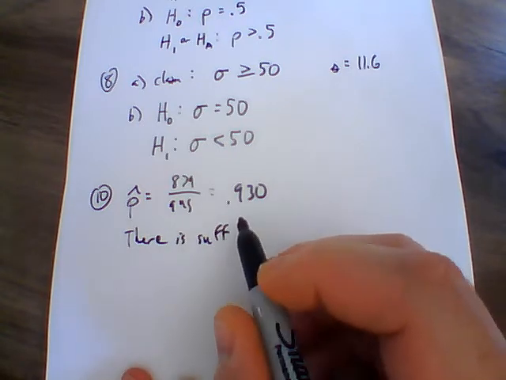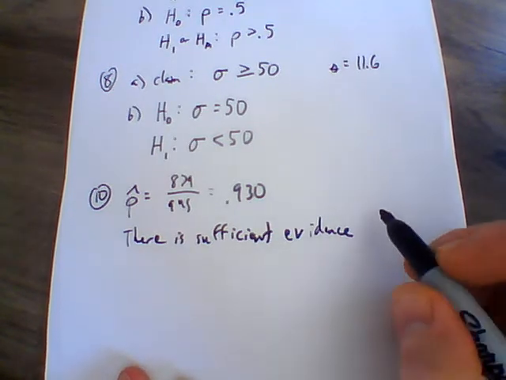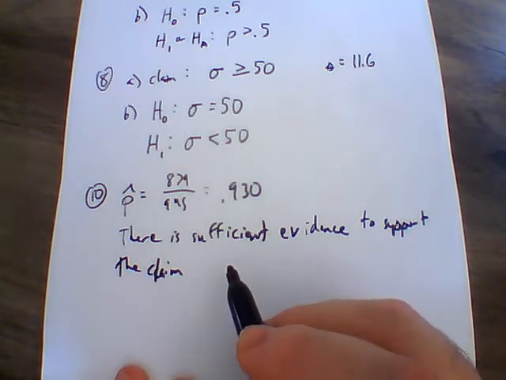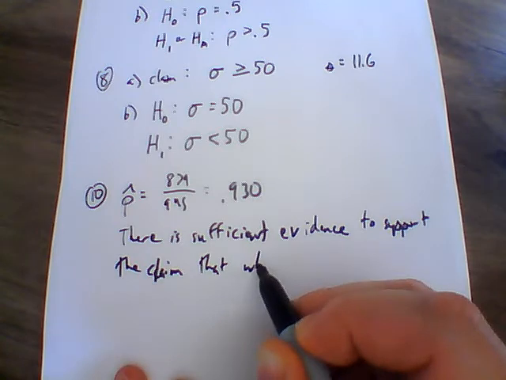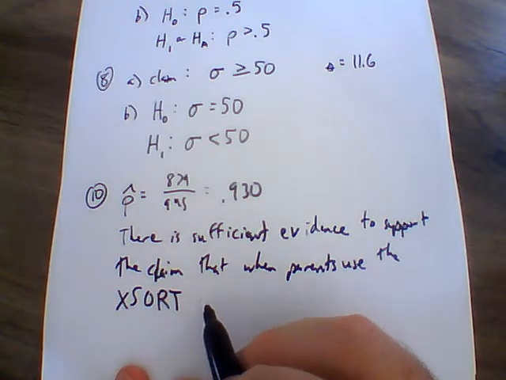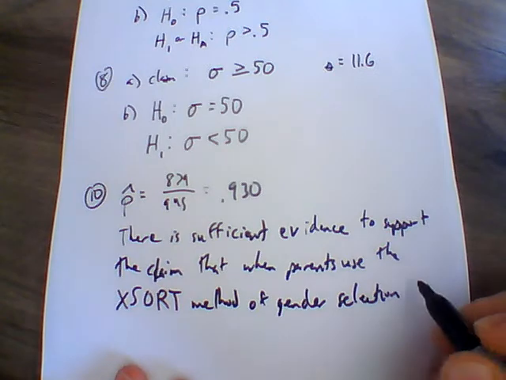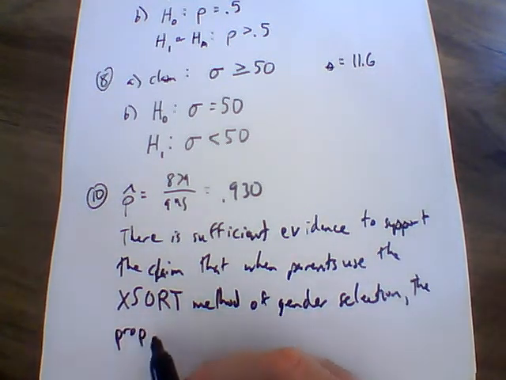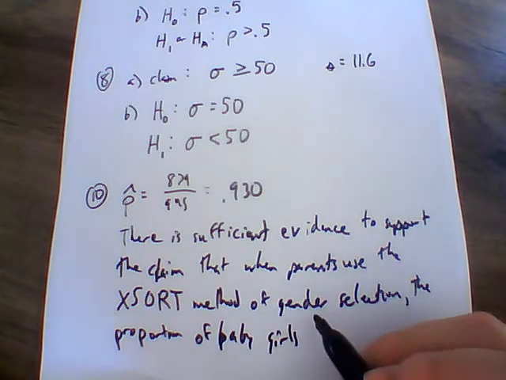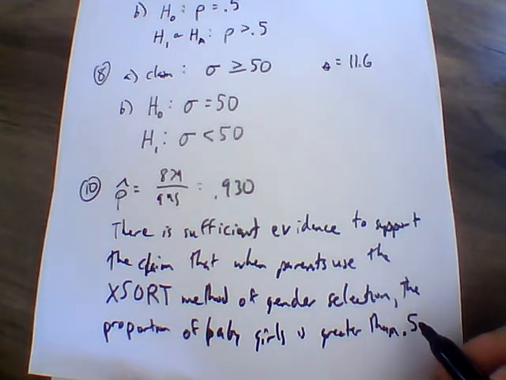there is sufficient evidence to support the claim that when parents use the X-Sort method of gender selection, the proportion of baby girls is greater than 0.5.